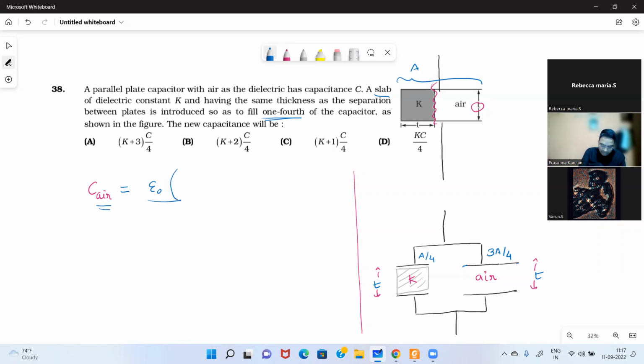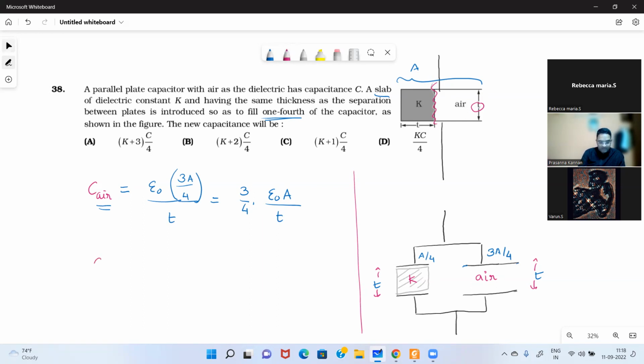Exactly. So in place of A, you should substitute 3A by 4. And what is D here? The distance in this problem is T, small t. Exactly. So this will be nothing but 3 divided by 4 into epsilon naught A by T. Understood?